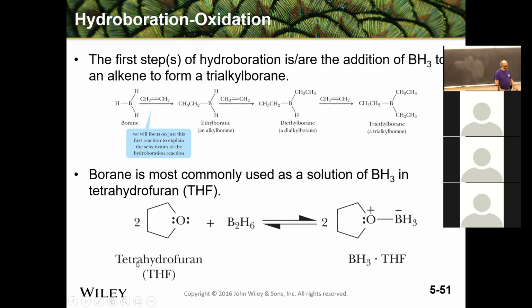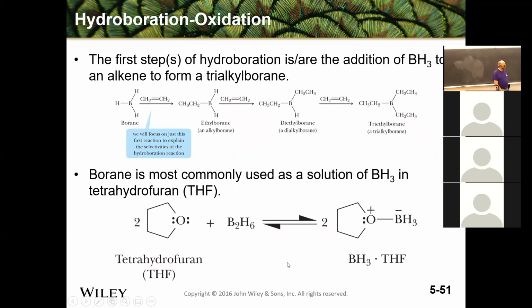In the older literature, they would react an alkene directly with diborane. A couple of problems here is that diborane's a gas, so it's difficult to measure out exactly how much we need. And the other problem is that if diborane comes in contact with the air, it ignites.